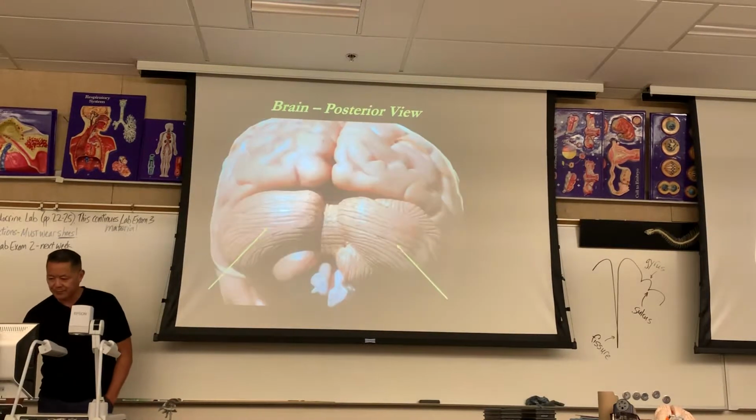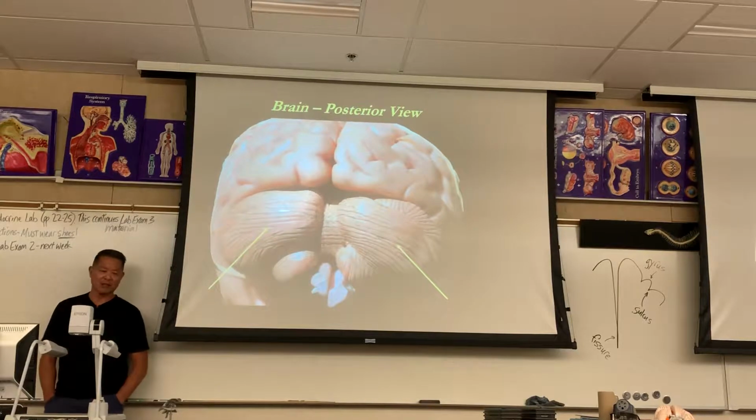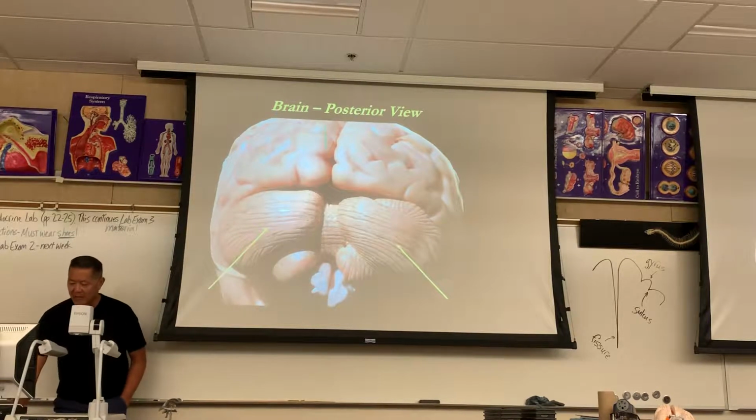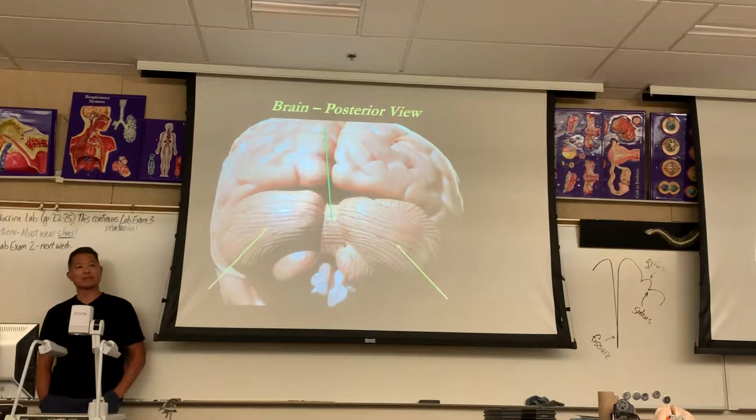All right. Now the cerebellum actually also has two hemispheres, so both of these yellow arrows are on each of the cerebellar hemispheres. The two cerebellar hemispheres are connected by a structure called the vermis. It's the green arrow.